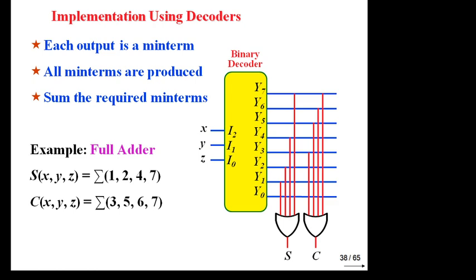Suppose f1 is sigma m(1, 2) and f2 is pi M(4, 5, 6, 7). So in this case you have to replace POS, means simply product term in SOP form.